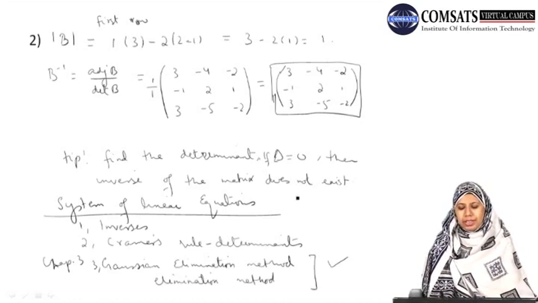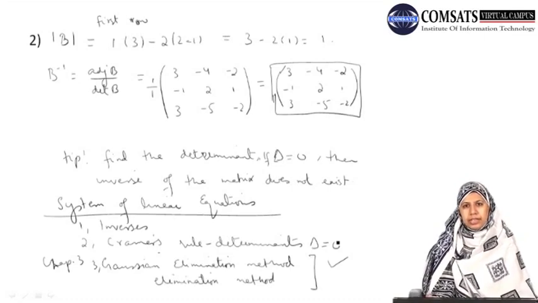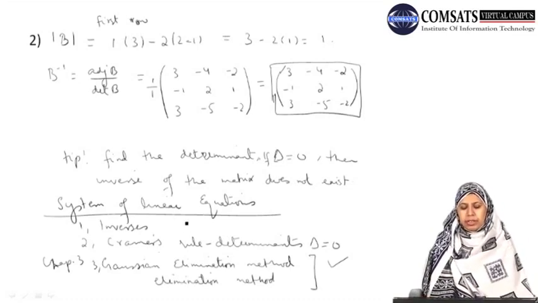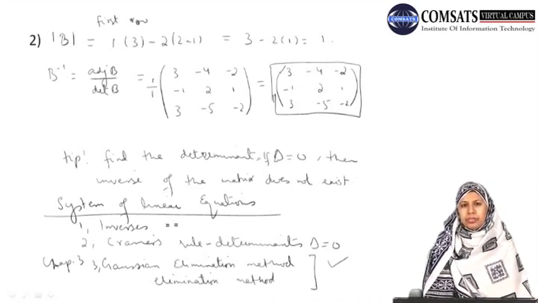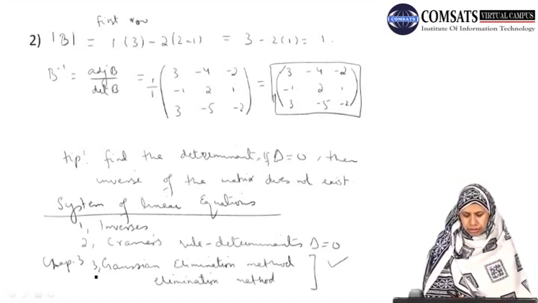Why? Because when we use Cramer's rule and the determinant delta is equal to 0, then we have two conclusions: either the system has no solution at all or the system has infinitely many solutions. And the same are the conclusions with the use of inverses. That is, by using the inverses to solve the system of linear equations, we conclude that either the system has no solution or infinitely many solutions, and the second option is if the solution is unique.